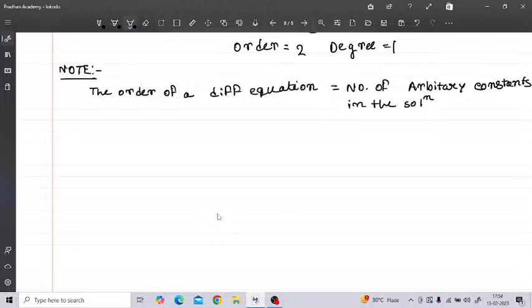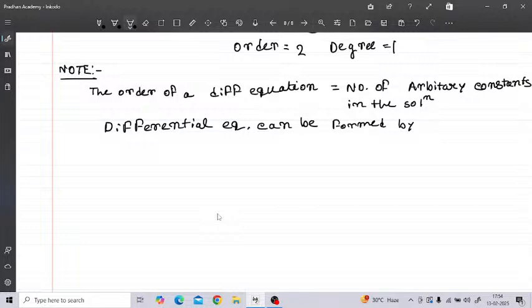Say we can form the differential equation in two ways. In your syllabus there is only one way, but actually there are two ways. What are they?